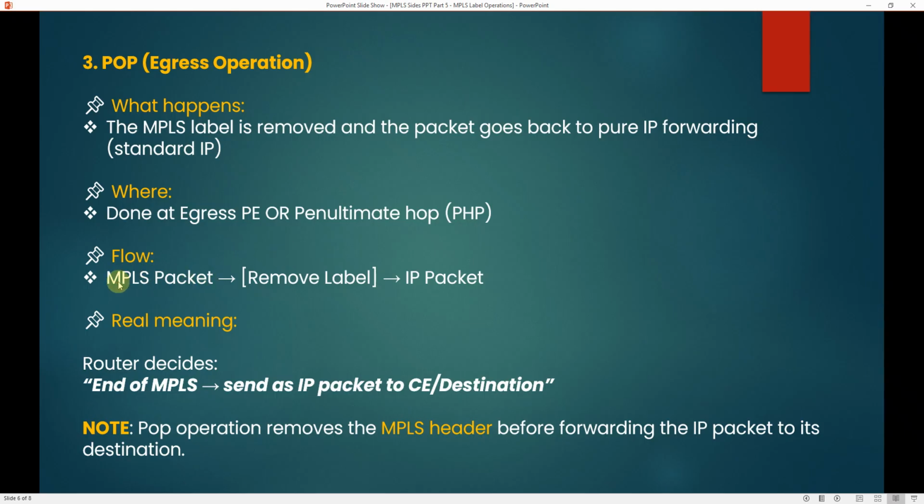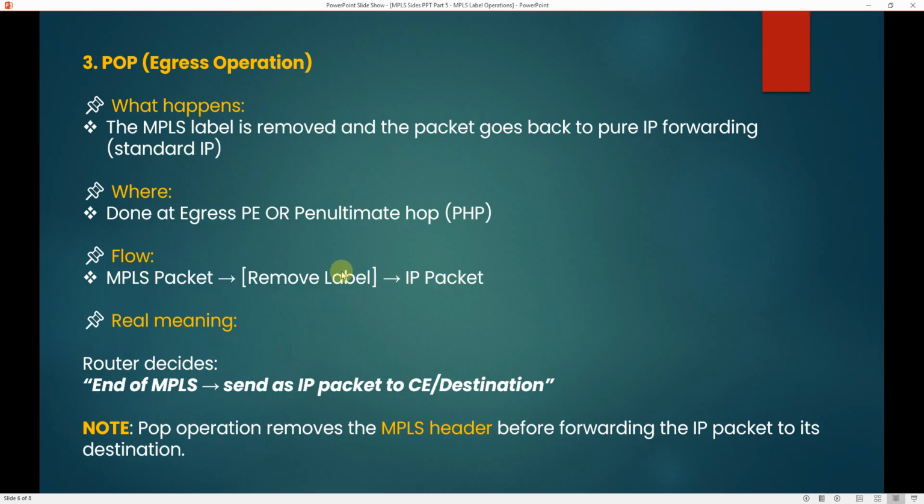So the MPLS label comes in to your egress PE, and then the label is removed. Basically, it's the MPLS header that is removed. So if that header is removed, what remains is your normal IP packet.